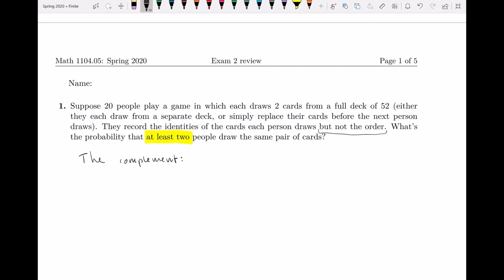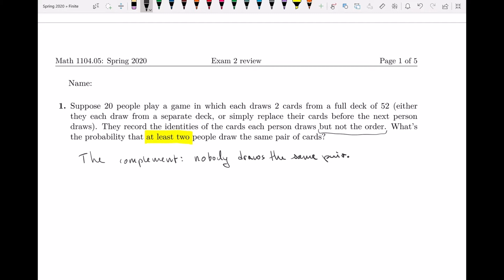So the complement here is that nobody draws the same pair. That's an easier probability to compute.